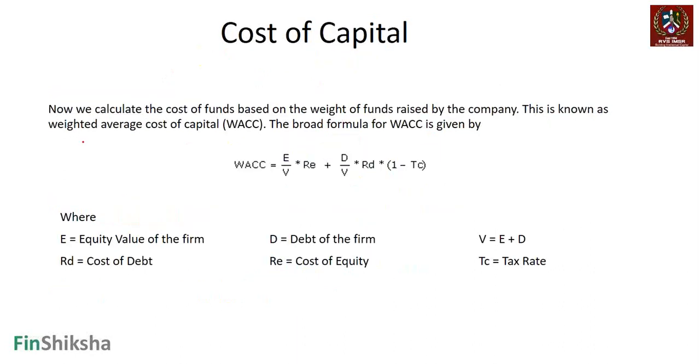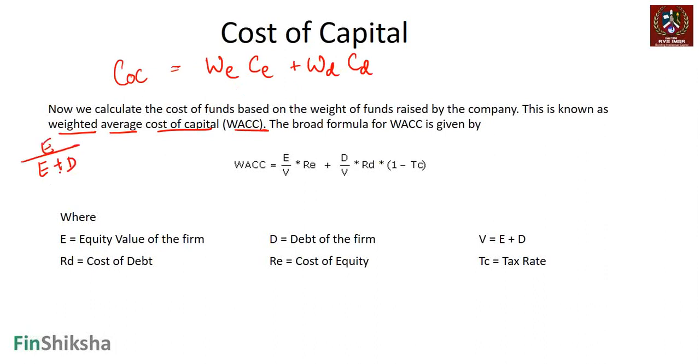Now we go to what is called the weighted average cost of capital. So effectively, weight of equity into cost of equity plus weight of debt into cost of debt. That should give me my cost of capital, right? Now, how do we calculate weight of equity? What is the total value of money in the firm? That's equity plus debt.